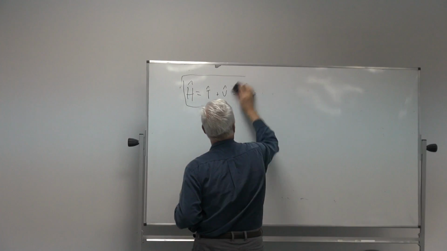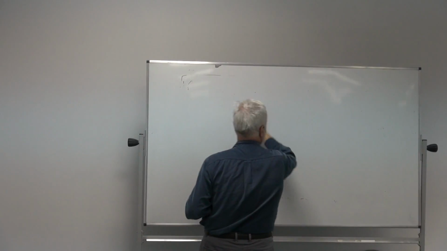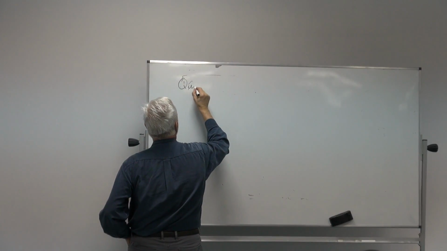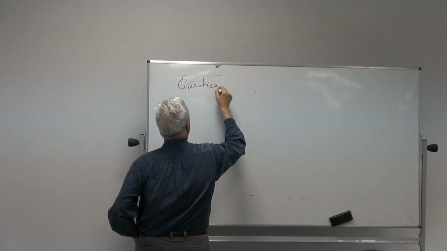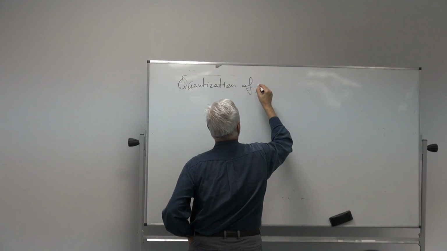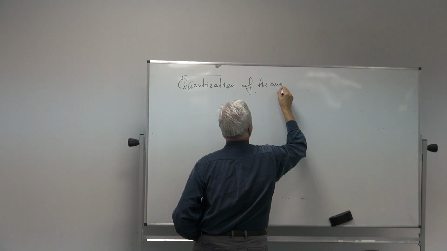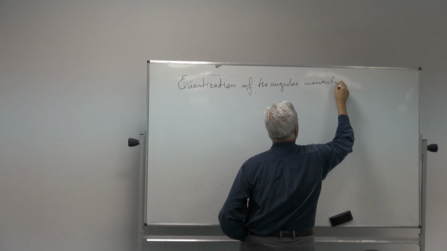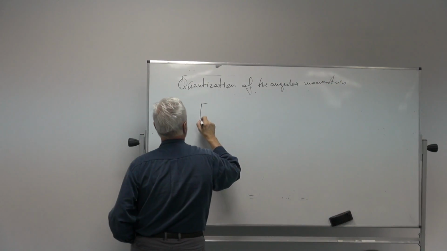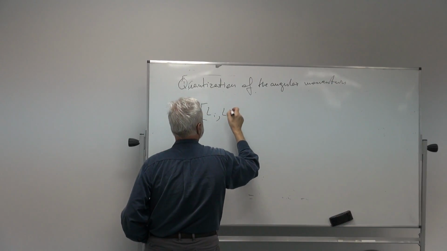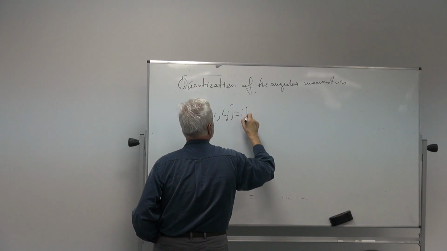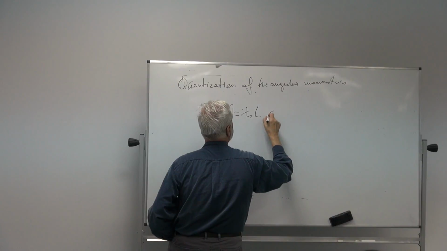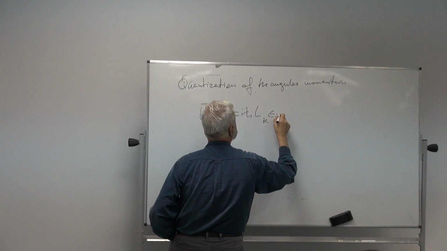So let's start with the properties of quantum mechanical angular momentum. Quantization of the angular momentum. Okay, all we know at the beginning is this relation that we have seen already, yes? L_j, L_k equals i hbar epsilon_jkl L_l.